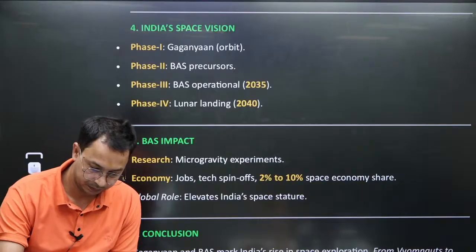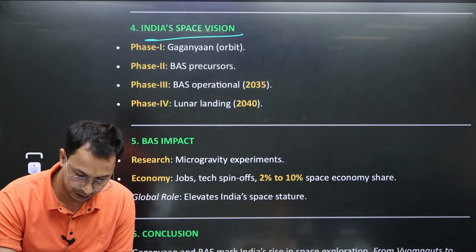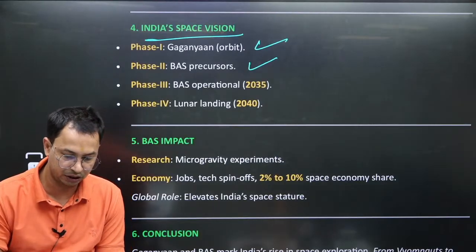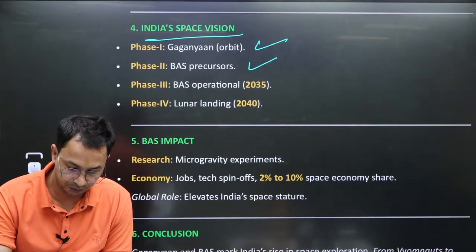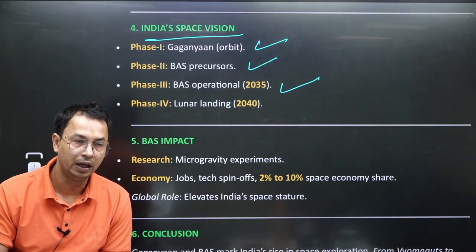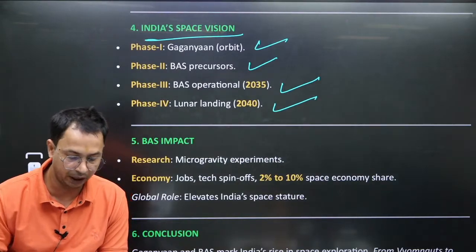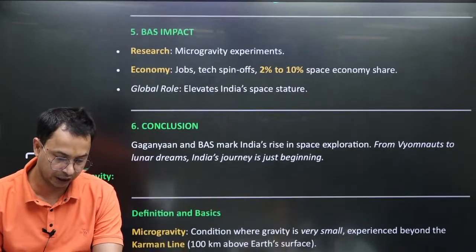Then there is the space vision 2047: phase 1 Gaganyaan, phase 2 Bharatiya Antariksh Station precursor, meaning the core of the Bharatiya Antariksh Station. Then phase 3, the Bharatiya Antariksh Station will be operationalized in 2035. Then the landing of a man on the moon. This is ISRO's vision 2047.